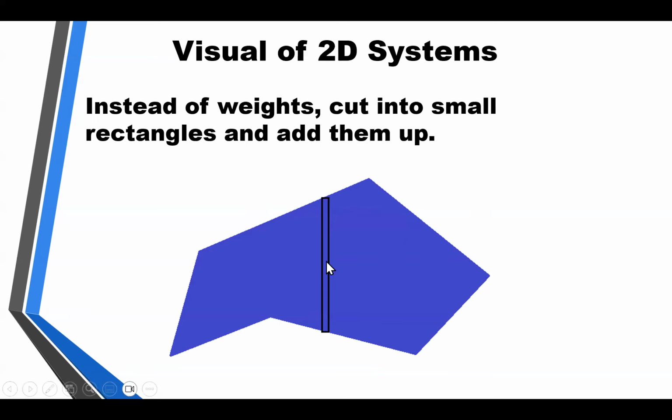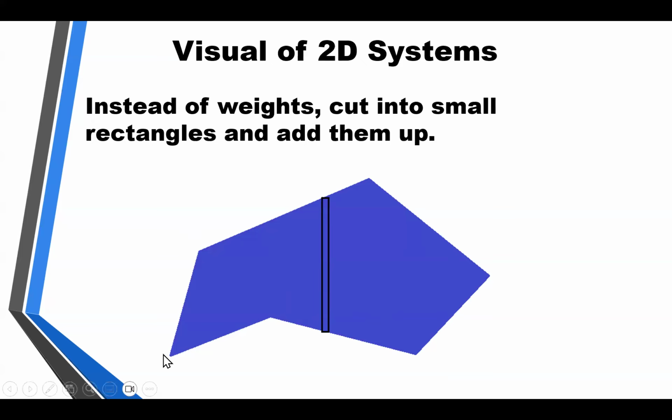Now the moments. If I'm looking for the moment from the y-axis, then I can multiply each of these little rectangles times the corresponding x value, and that will give me my moment from the y-axis when I sum those all up.